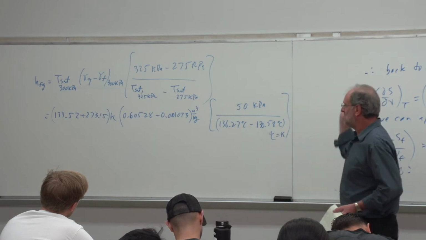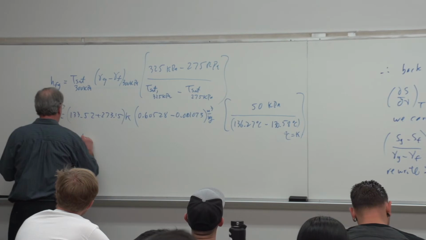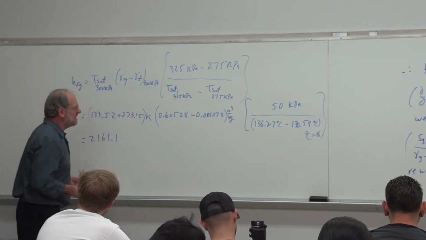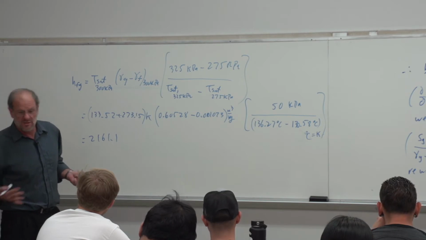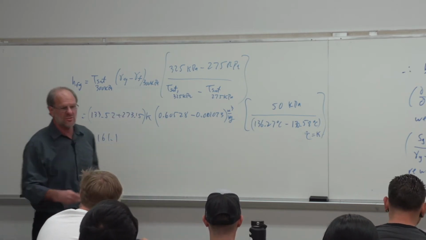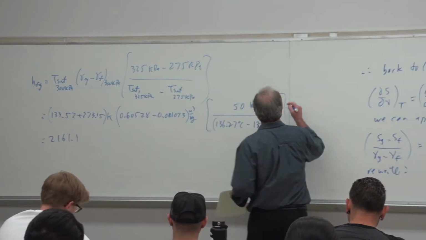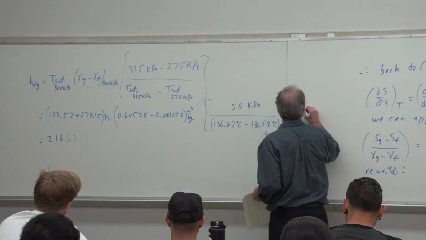All right, so it's really just a matter of going through the mathematics now, and in doing so, we get 2161.1. Now, the units are going to appear odd. I mean, this is specific enthalpy, so it should be kilojoules per kilogram, but I don't see any kilojoules up there anywhere. But we've done this before. We know that a kilopascal is a kilonewton per square meter.